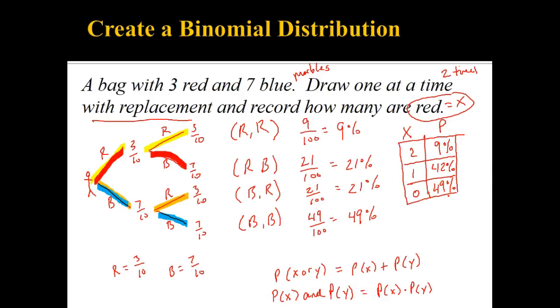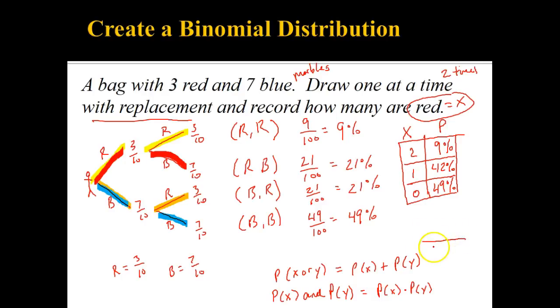Probability of drawing no red marbles is 49%, and 1 red marble would be 42%, and 2 red marbles would be 9%. Notice that those 3 percentages add up. This is a probability distribution. They add up to 100%, so that matches. And then we could have done this as a bar graph.